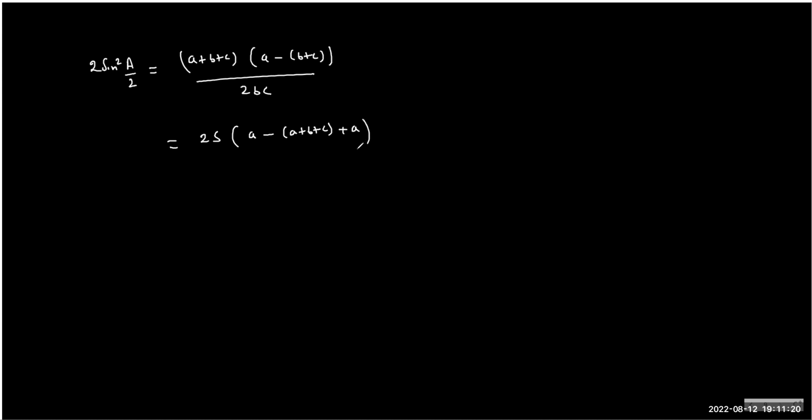Both are the same thing, isn't it? So this turns out to be 2S into (2A minus 2S) upon 2BC. Okay, so we got the answer.